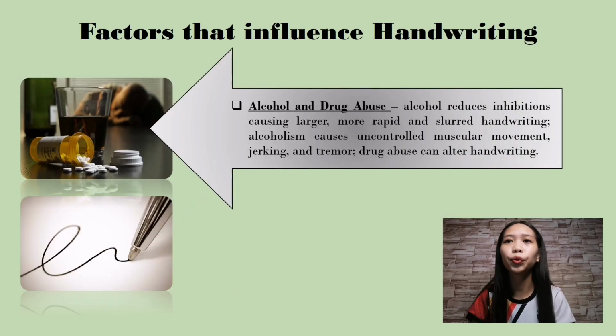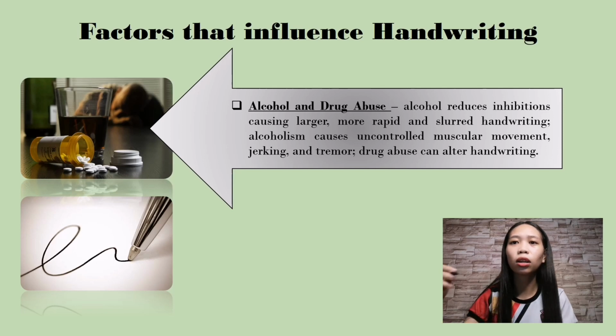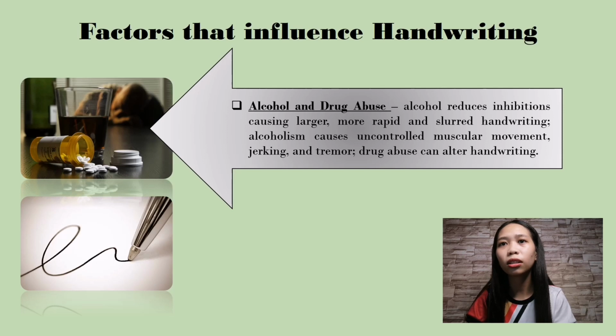Alcohol and drug abuse. Alcohol reduces inhibitions, so when a drunk person writes, it causes the handwriting to be larger in size, more rapid and slurred. Alcoholism causes uncontrolled muscular movement, jerking, and tremor.